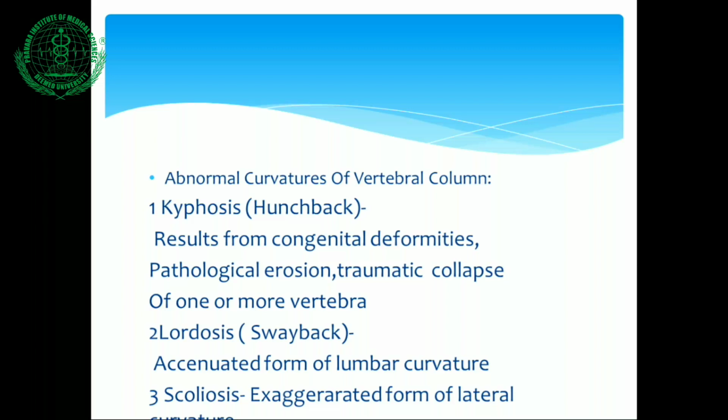Kyphosis, also known as hunchback, occurs mainly due to the collapse of one or more vertebrae, pathological erosion of vertebrae and congenital deformities of vertebrae. Then lordosis of the vertebral column: in lordosis there is an exaggeration of the lumbar curvature of the vertebral column.